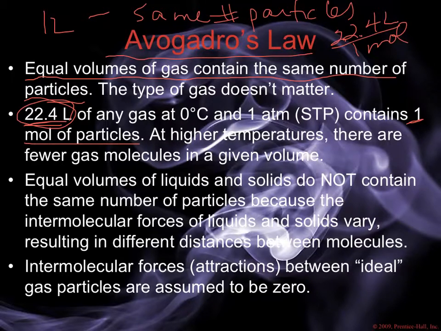This relationship is not true with liquids and solids, okay? Equal volumes of liquids and solids contain vastly different numbers of particles, and that's because the packing density of liquids and solids varies a lot. Gas particles are always far apart because they don't have those intermolecular attractions.